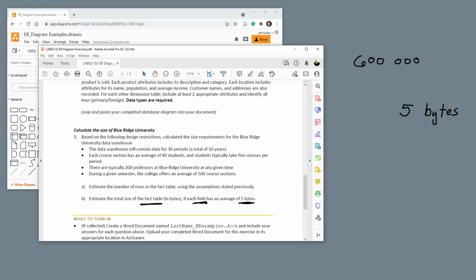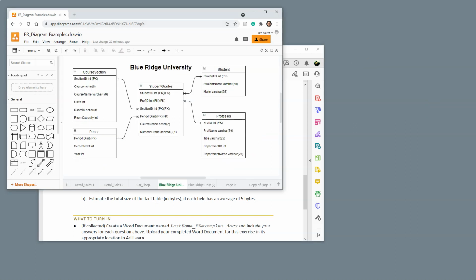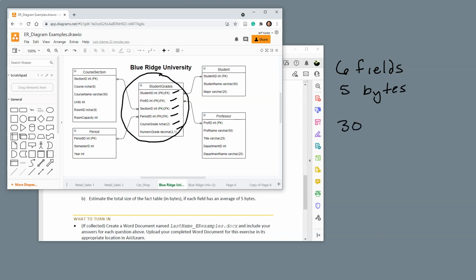When I look right here inside of our fact table, I count 1, 2, 3, 4, 5, 6 fields. So I have 6 fields and 5 bytes of data, which ends up becoming 30 bytes per record, or per row in that fact table.